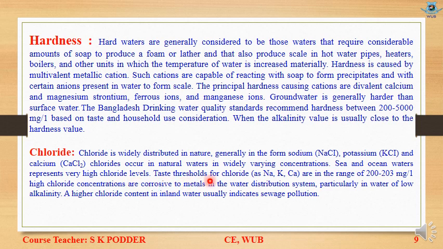Taste thresholds for chloride are in the range of 200 to 300 milligram per liter. High chloride concentrations are corrosive to metals in the water distribution system, particularly in water of low alkalinity. A higher chloride content in inland water usually indicates sewage pollution. So, when there is higher chloride content in inland water, it obviously indicates sewage pollution.